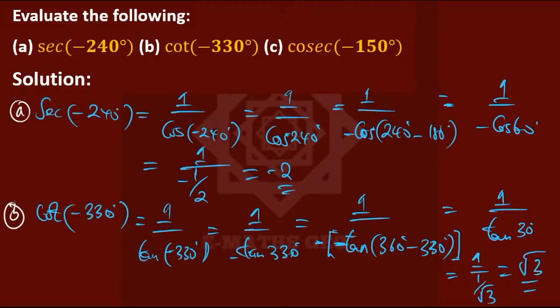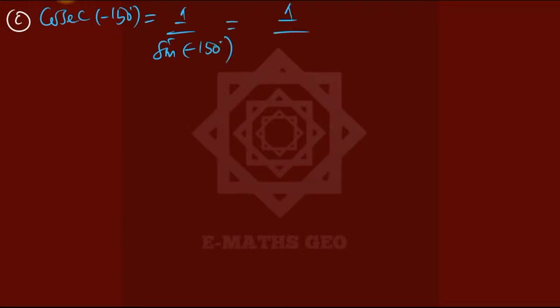So the last one is cosec of minus 150. First know that cosec is 1 over sin. So it's now 1 over sin of minus 150. Again, remember from our negative identity, we bring out the negative sign. And since 150 is in the second quadrant, sine is always positive.